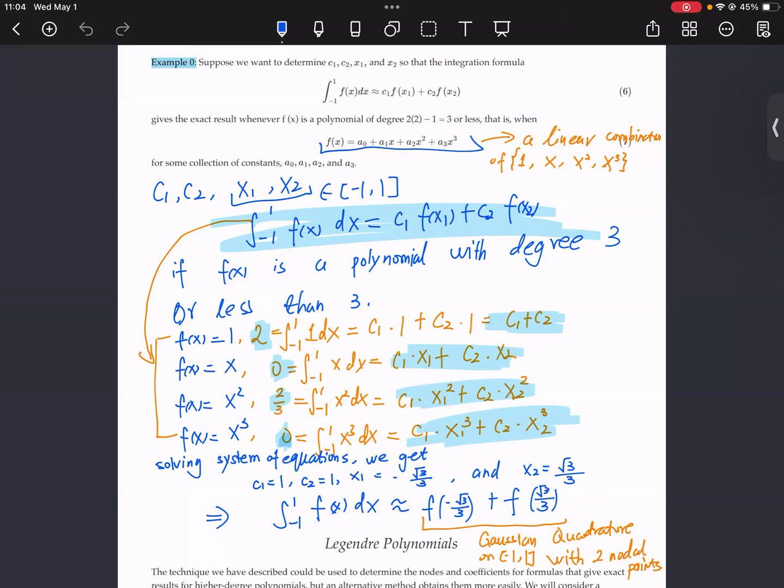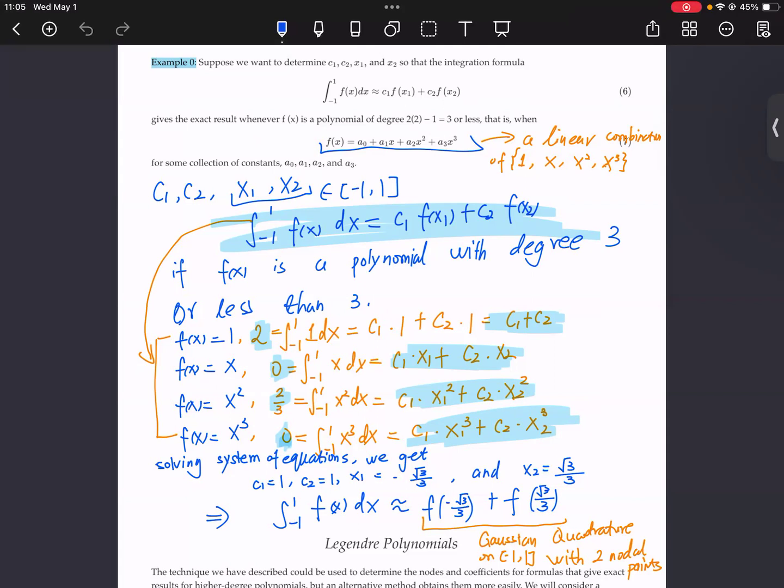Because the Gaussian quadrature rule can achieve the highest degree of precision for 2 nodal points, that degree of precision is 3, which means the rule is exact for polynomials of degree 3 or less.